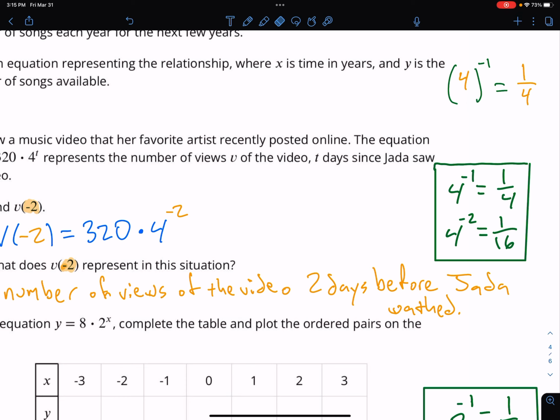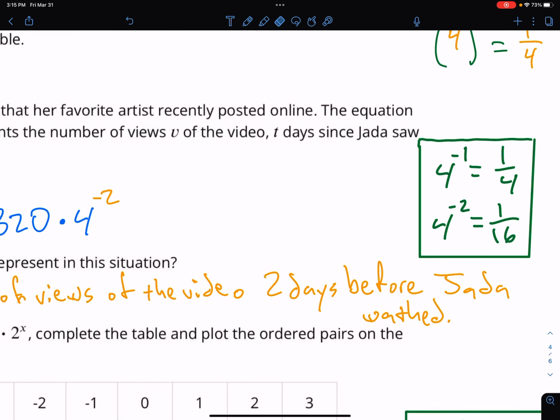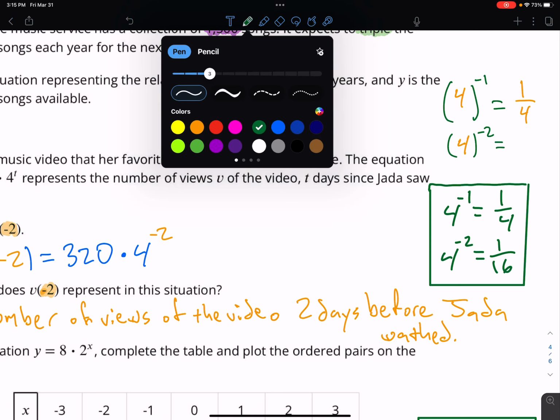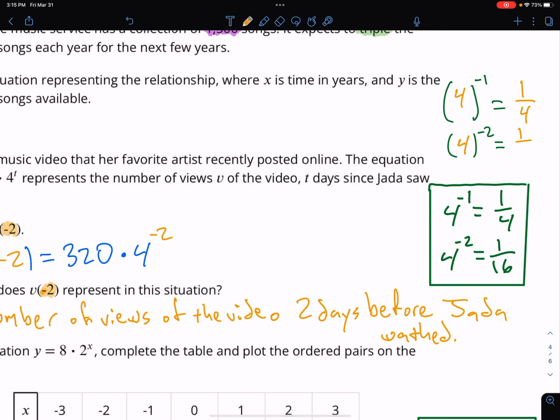Now, if you got 4 to the power of -2, what you've got here is 4, which is actually 4 over 1. We just don't write the over 1 part because it'd be a waste of time. 4 to the power negative 2 equals 1 over 4 squared. And what's 4 to the power 2?